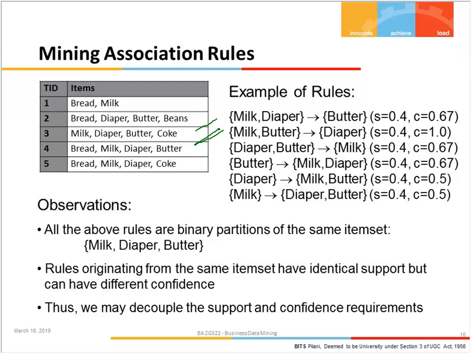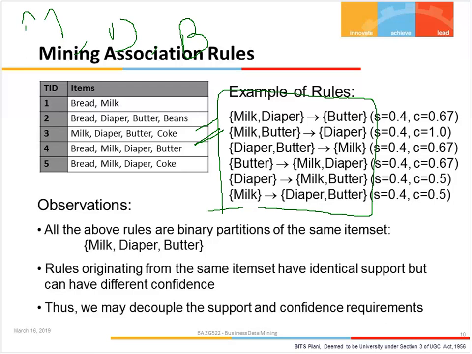Now, looking at milk, diaper, butter, the interesting thing is that we can formulate several rules, not one rule. So we need to find out which is the best rule, and we can compute the support and confidence. We are still working with the brute force approach, and we can see that all of these rules represent binary partitions of a single item set, milk, diaper, butter.